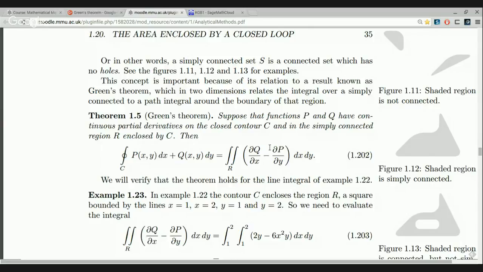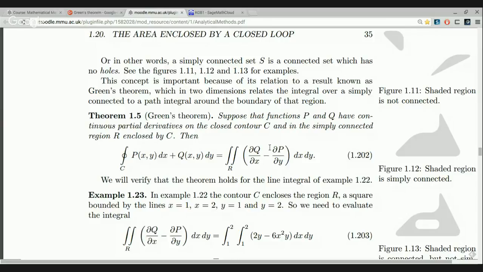But to do the integration over the whole region R, we have to integrate over all of these rectangles. Now I know Green's theorem is true on any particular one. But let's just look at a few of these rectangles drawn beside each other, like this. So this is just some small part.